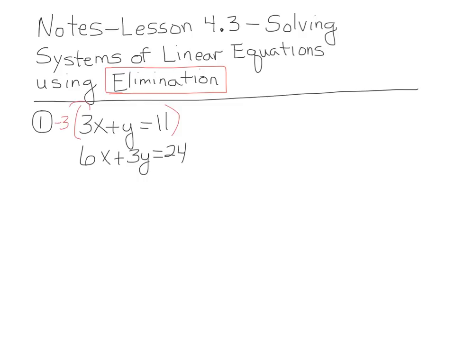The entire equation, all terms, everywhere, on both sides of the equal sign. And that's going to give me negative 9x, and then negative 3 times y is negative 3y, and then negative 3 times 11 is negative 33.